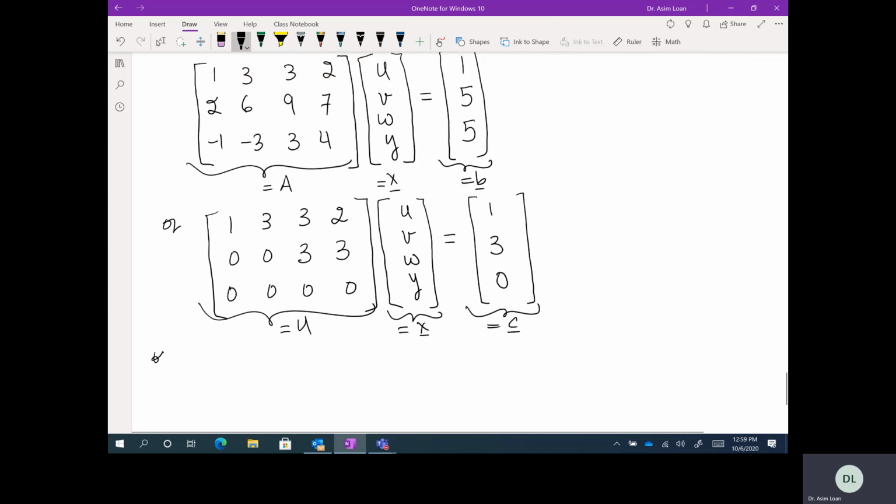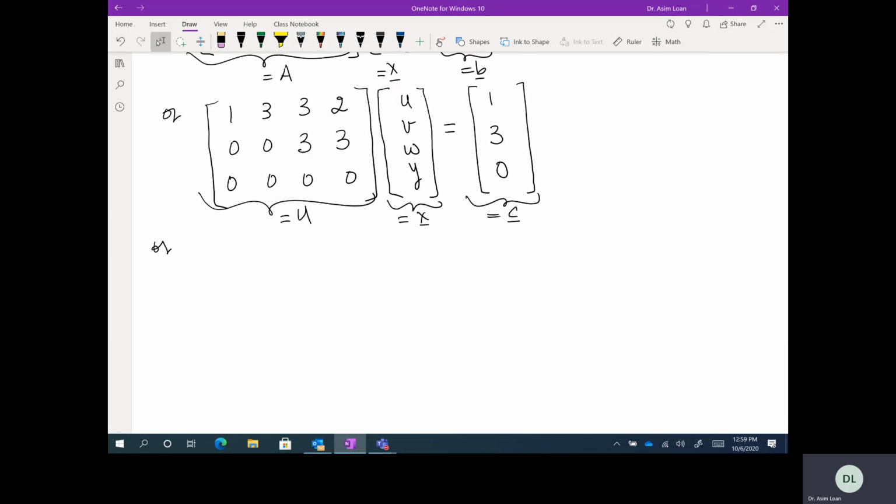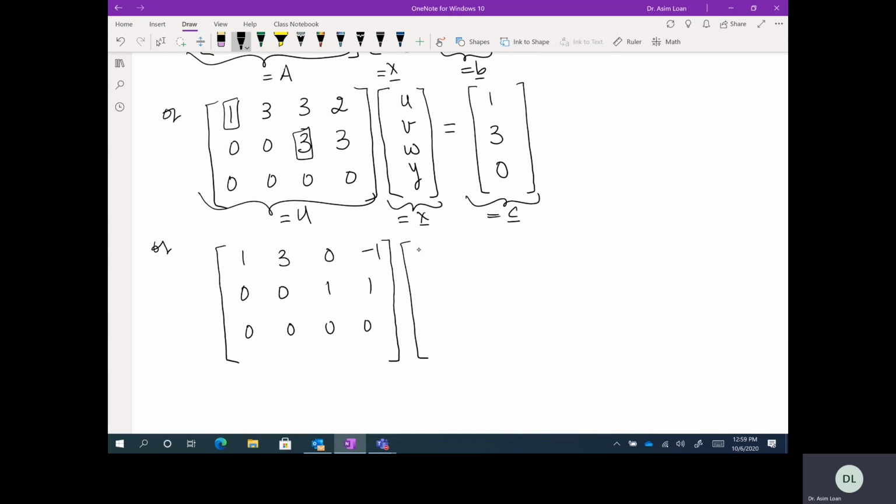To solve further, we now have the pivots, and I want to make everything above and below the pivot 0. So the rows become (1, 3, 0, -1), (0, 0, 1, 1), and (0, 0, 0, 0), again with u, v, w, y.